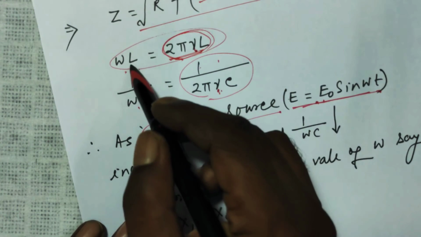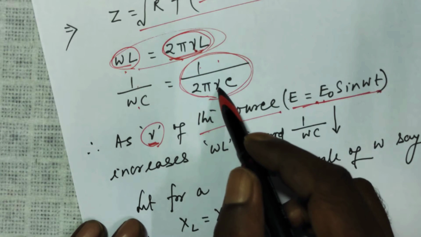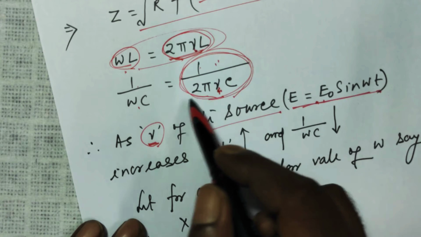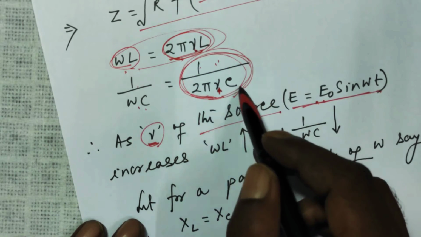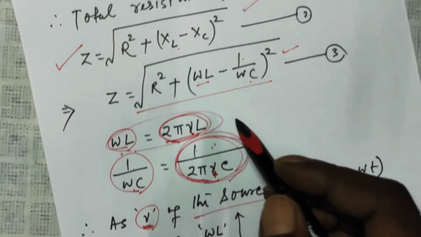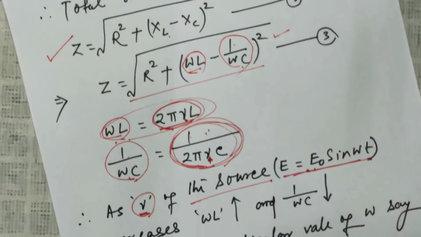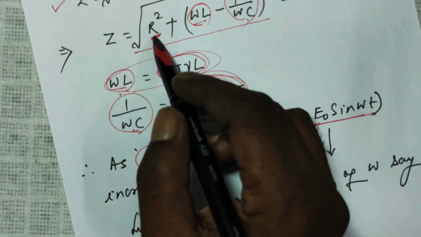This part will increase, that is omega L will increase. This part will decrease. Nu is increasing, this is a fraction, so this will decrease because nu is in the denominator. So here, one term increases, one term decreases. Now, R does not depend on frequency, so we are not bothered about R.